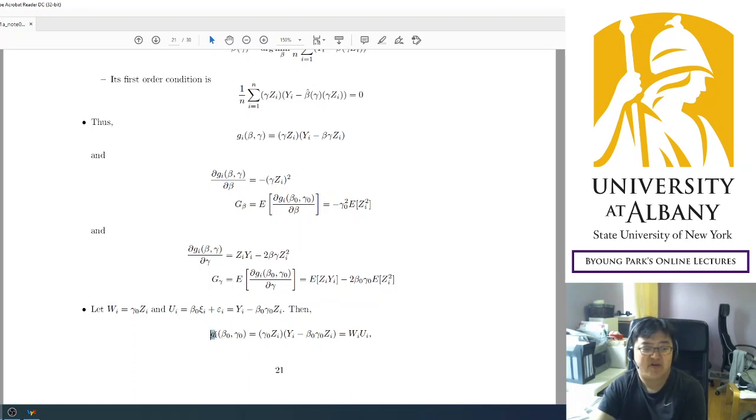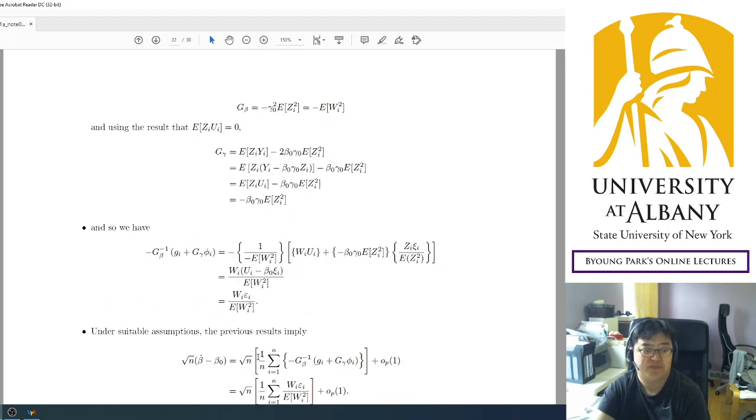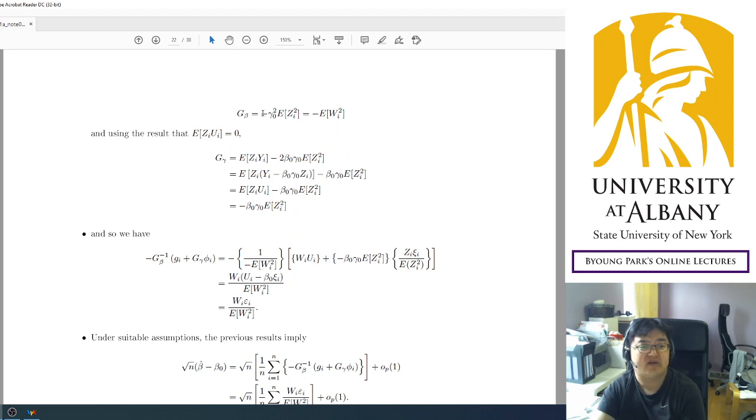Then the function G can be written as W times U, because this is U, this is W. Easy. And the derivative G beta can be written as my expected value of W squared. And finally, G gamma can be written in this way using this result.